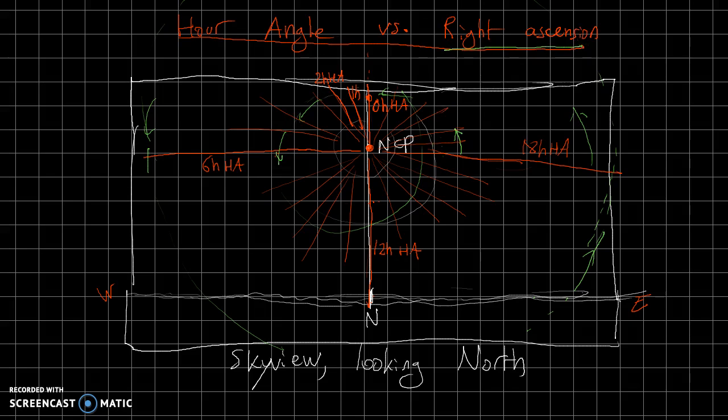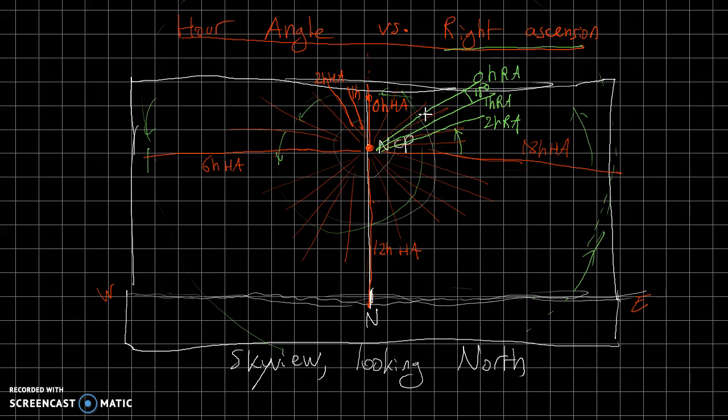So if I pick any star with some random right ascension, so for example, this is my 0 hour right ascension, which corresponds to the vernal equinox point, then the 1 hour right ascension will be 15 degrees to the east. And the 2 hour right ascension would be this way.